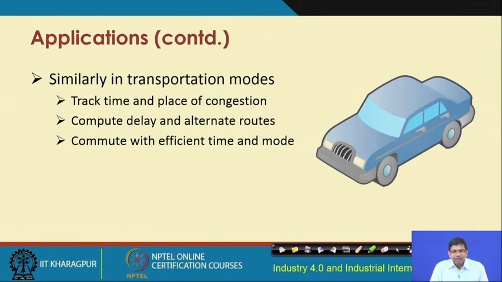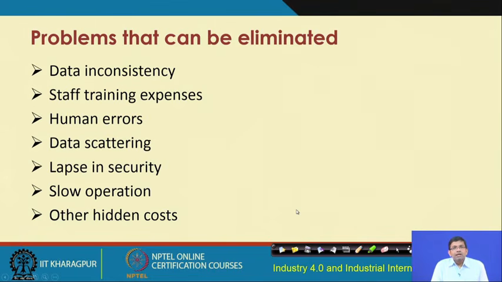There are different other applications such as in the transportation sector, basically tracking the time and place of congestion, computing the delay and finding out alternate routes, commuting with efficient time and mode. There are different problems that can occur through this IIoT implementation in inventory management and control.